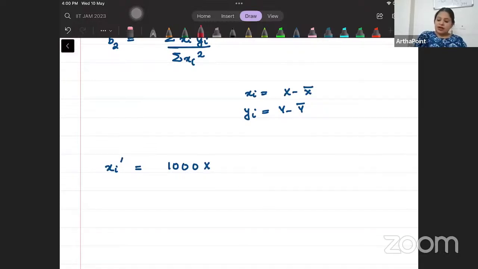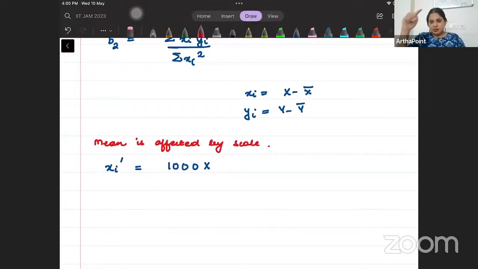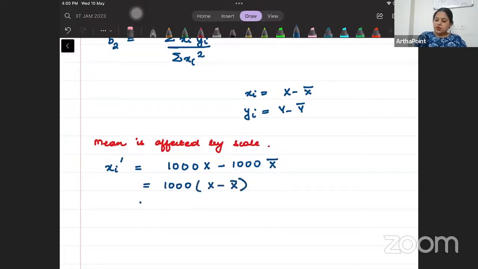So if each x term is multiplied by 1000, then x bar will also be 1000 times x bar. So xi dash is 1000 x minus 1000 x bar, and I can take this common and write 1000 xi.